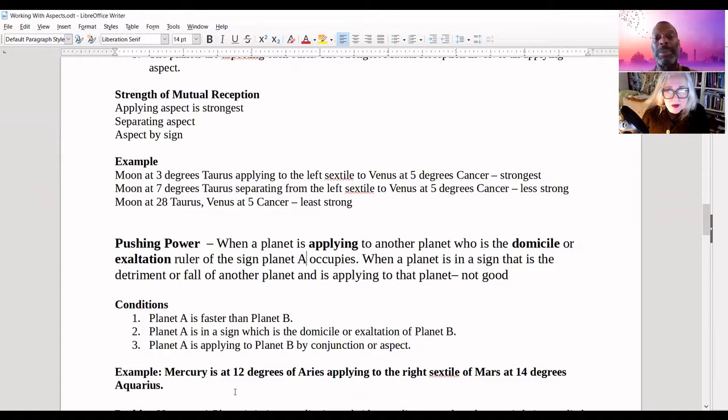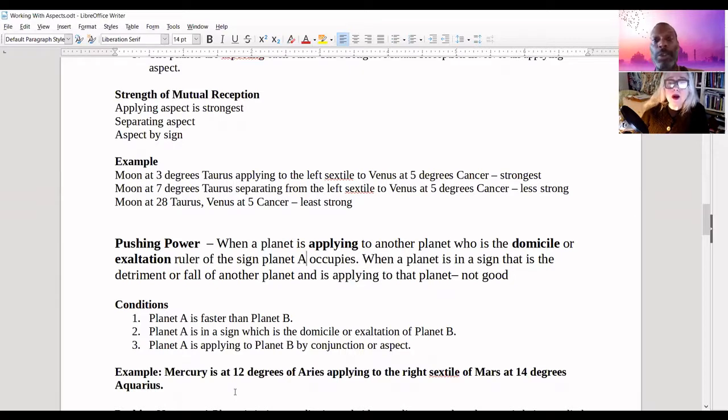So this is the positive pushing power. The negative pushing power is when a planet is in a sign that is the detriment or fall of another planet. For instance, if the sun were in Capricorn and applying to Jupiter, because Capricorn is the fall of Jupiter.